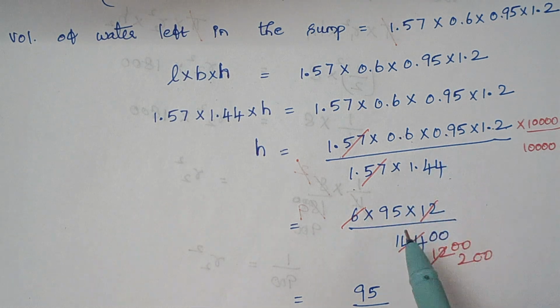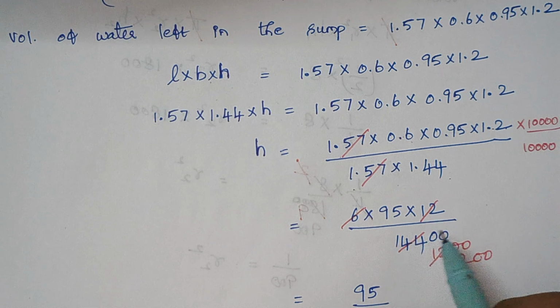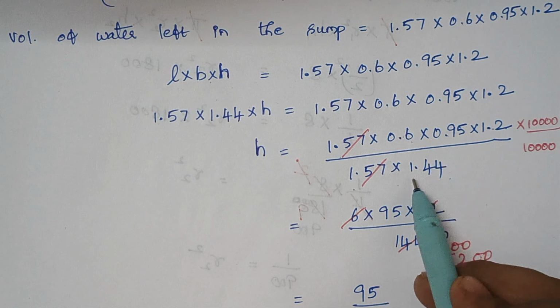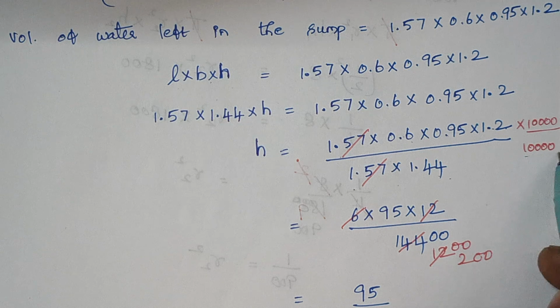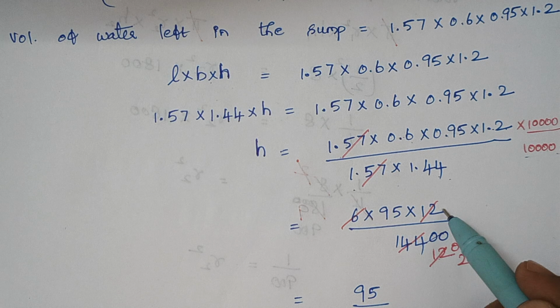Now 0.6 becomes 6 into 95 into 12 divided by this. You see when 1.44 gets multiplied by 10,000, it becomes 14400. Now just cancel the common terms. 12 and 14400 cancel by 1200 times, because 12 12s are 144.